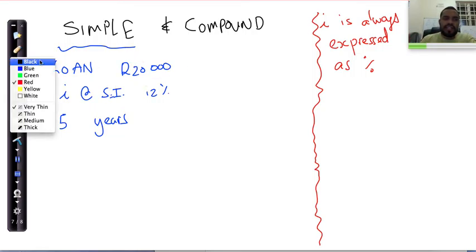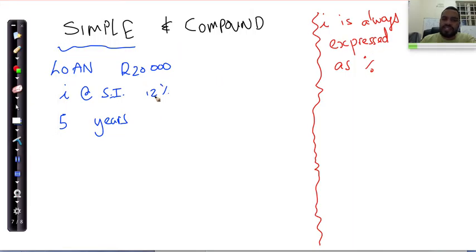And secondly, what do I mean by it's always expressed as a percentage? It's always expressed as a ratio or fraction of 100. So if I talk about 12%, 12% is identical to saying it's 12 over 100, which is exactly the same as 0.12. All of these are equivalent forms: 12%, 12 over 100, 0.12 as a decimal.